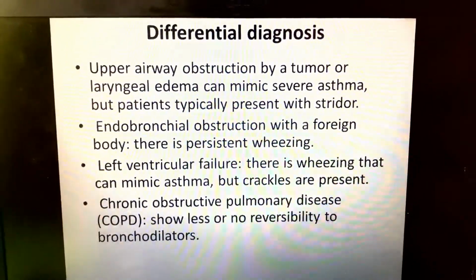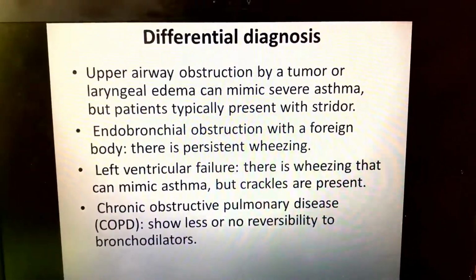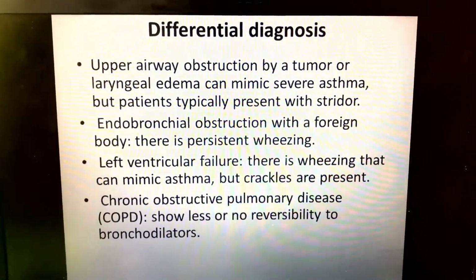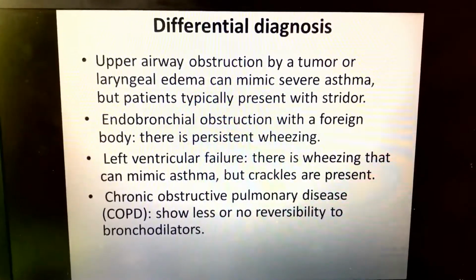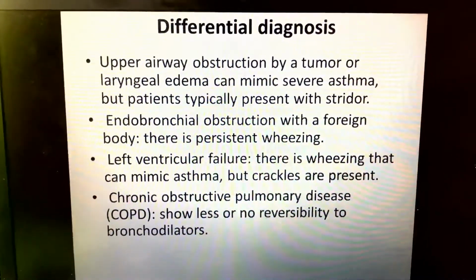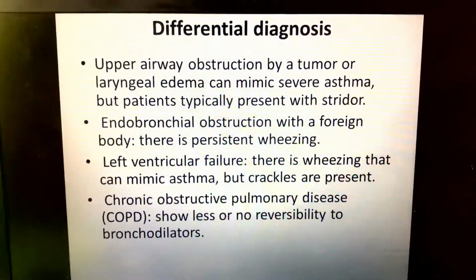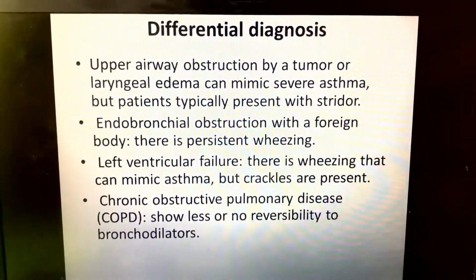But we can't have wheezing here. Maybe we can have wheezing, but associated with crackles. We have other signs also that can differentiate left ventricular failure from asthma: the presence of crackles.